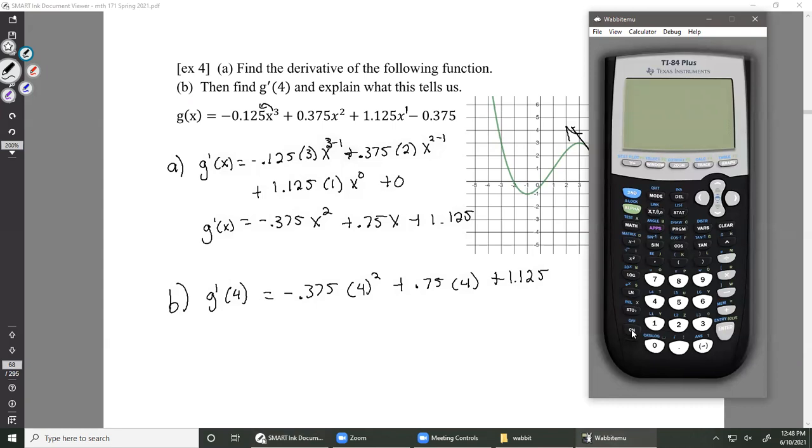So we have negative 0.375 times 4 squared, plus 0.75 times 4, plus 1.125. And we get negative 1.875.